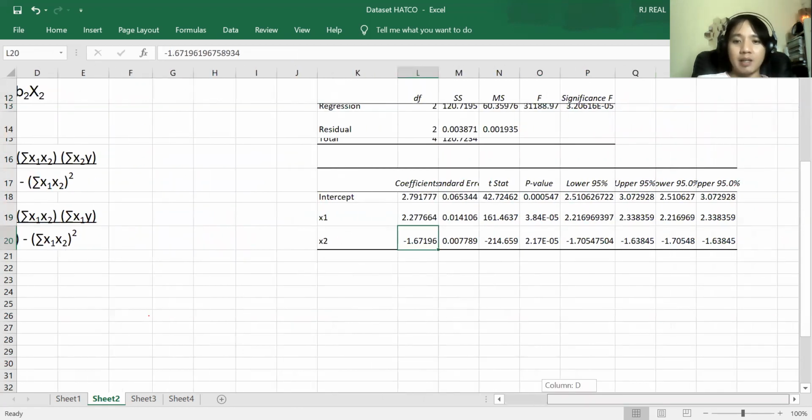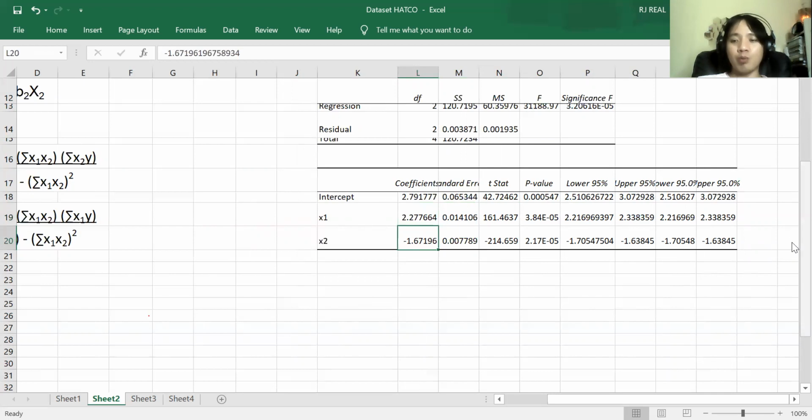Now, the computation of individual hypothesis testing is different in terms of computation. The t-stat, these two guys here, have a different computation in order for us to get the significance p-value of this coefficient.